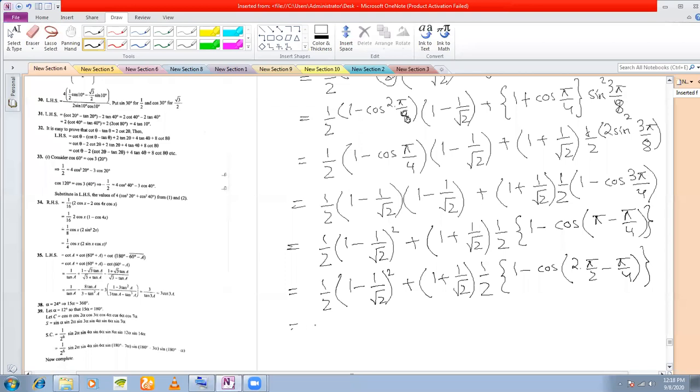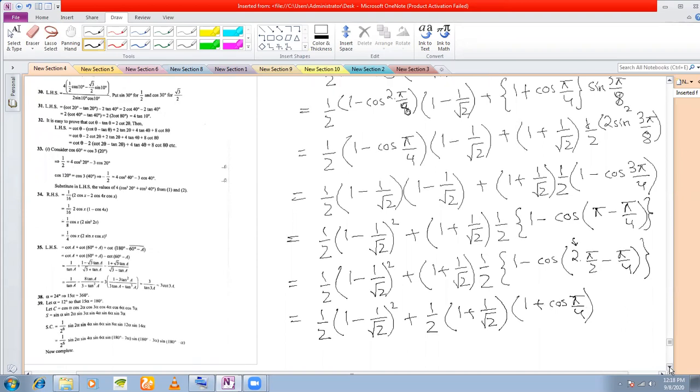Okay, so this becomes half 1 minus 1 by root 2 whole square plus half into 1 plus 1 by root 2, and 1 minus, this is an even multiple, so cos remains a cos. And which quadrant is this angle? This angle is in the second quadrant. So this becomes 1 plus cos pi by 4.